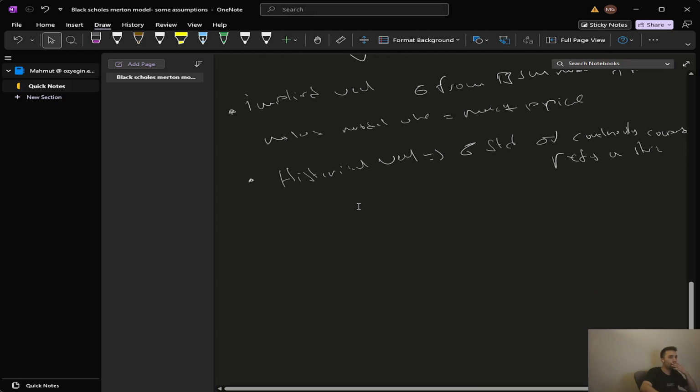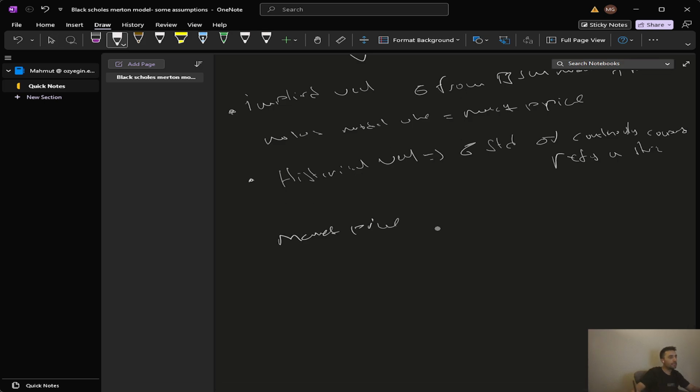Maybe I can give you an example about implied volatility. Suppose the market price is... a really bad start, next time I'll improve my writing. The market price of a 3-month 45 call is 7.1.